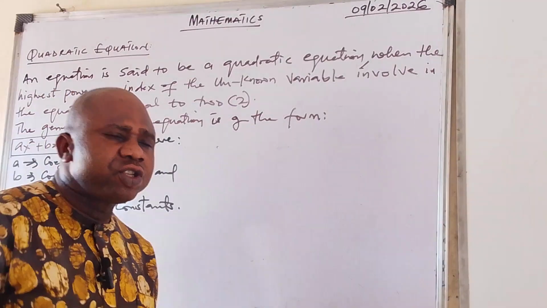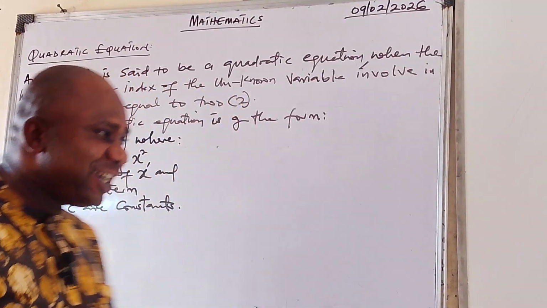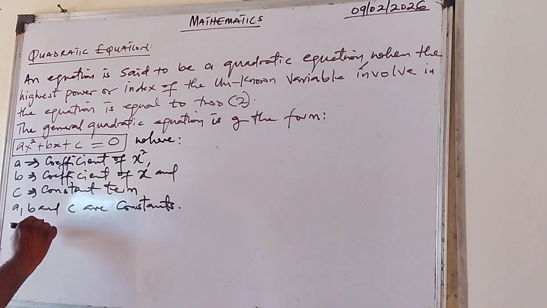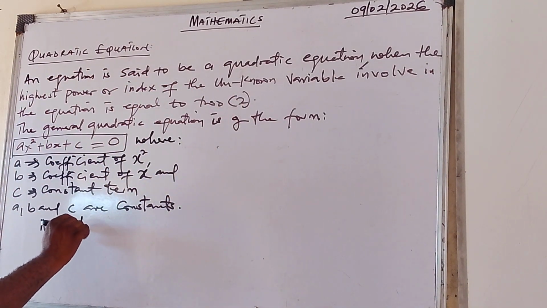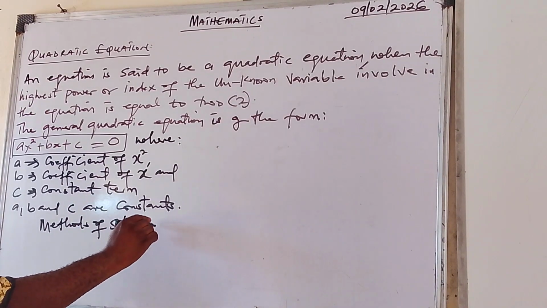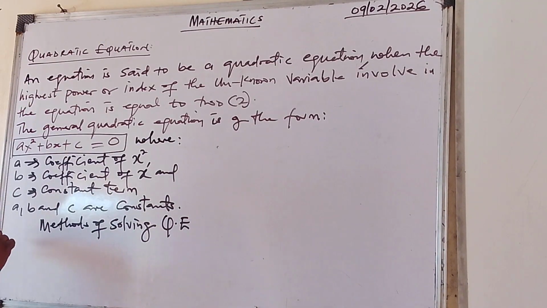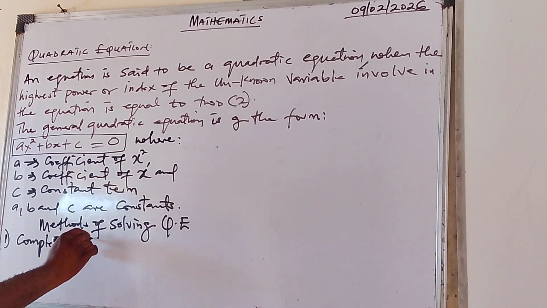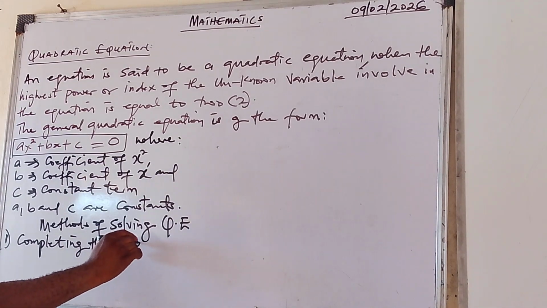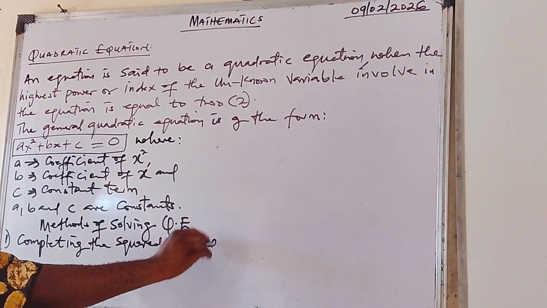And of course, we have 4 methods of solving quadratic equations. Now, methods of solving quadratic equations. Number 1, we have the completing the square method.